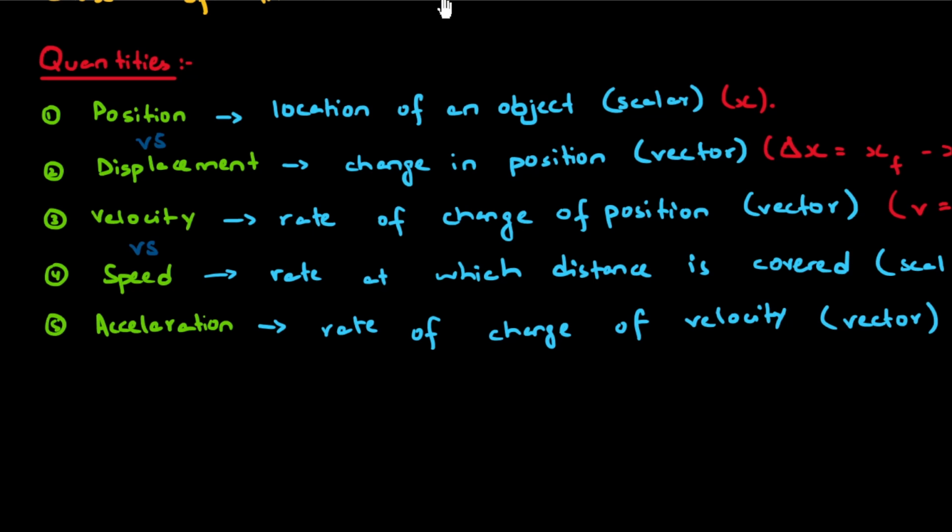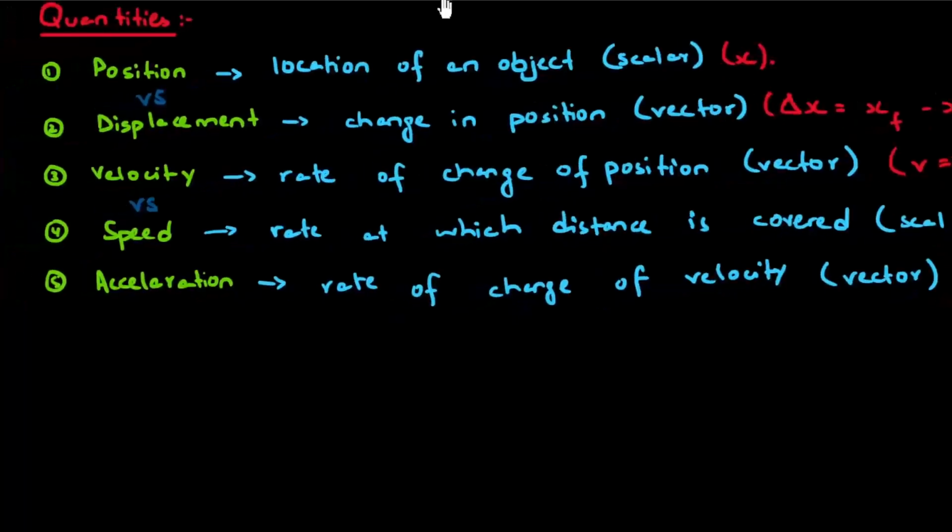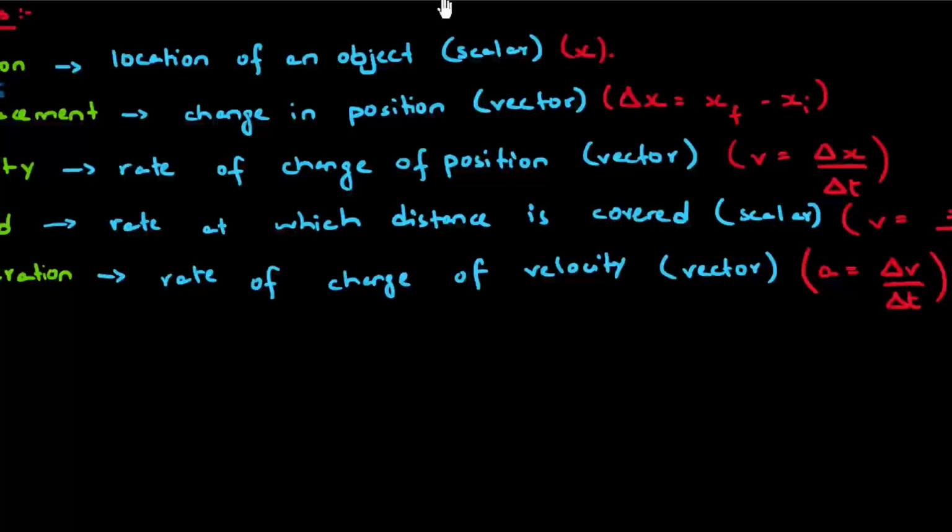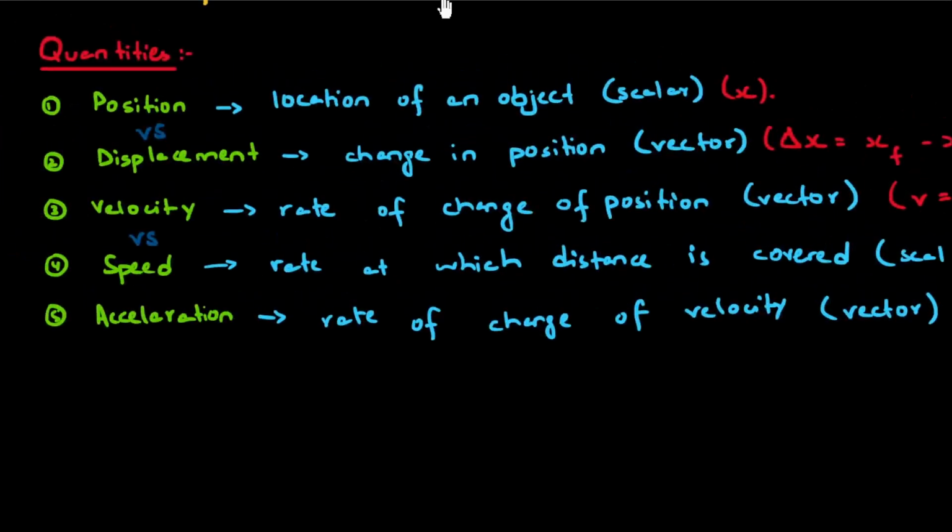But if you were to say he's moving north with a speed of 30 meter per second, then that is velocity. Finally, you have acceleration, which simply represents the rate of change of velocity, and it determines how quickly or how slowly an object is increasing its speed or velocity.